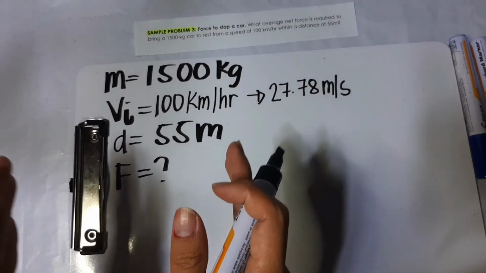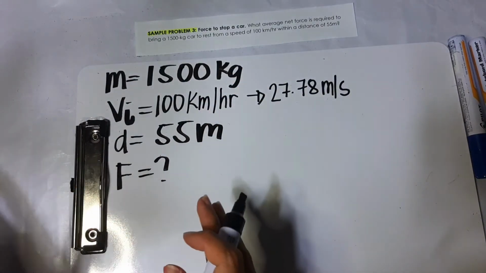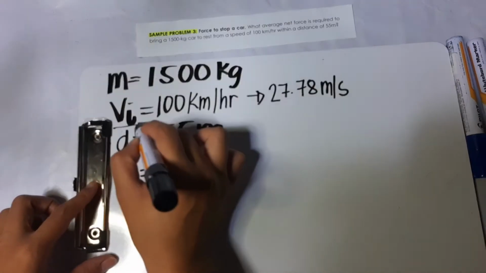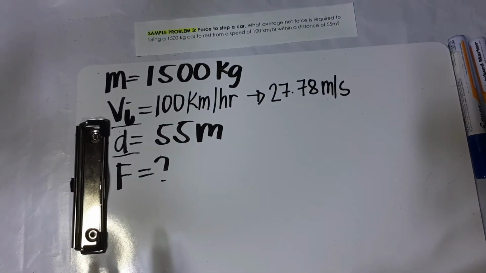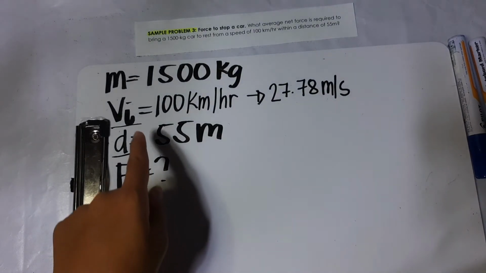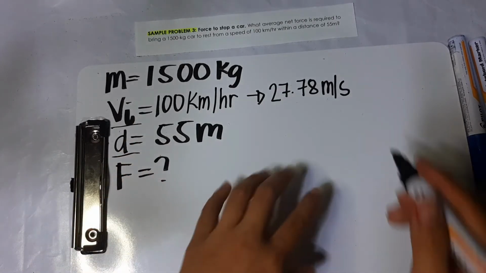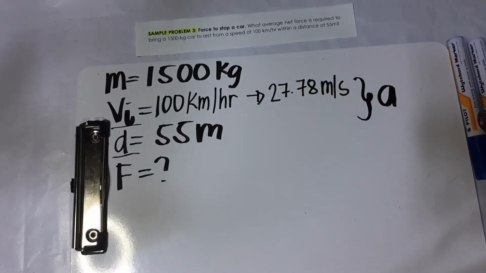So let's check first what to solve before the force. As you can see from the given, no acceleration is given, but we have the initial velocity and the distance. So using the value of the initial velocity and the distance, let's solve first for the acceleration.